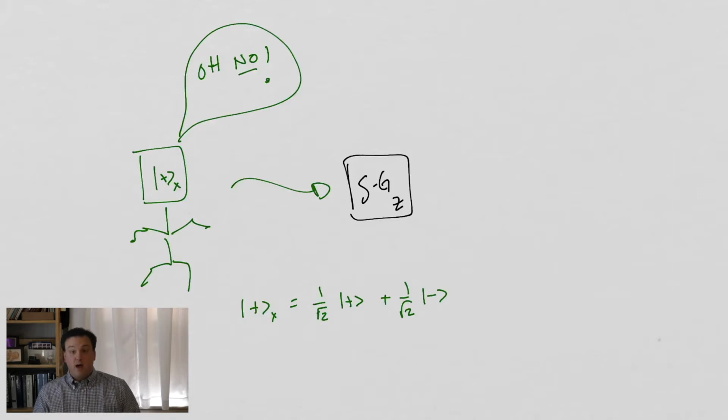And therefore, I don't know what the z component of the angular momentum is going to be anymore. It could be up, it could be down.